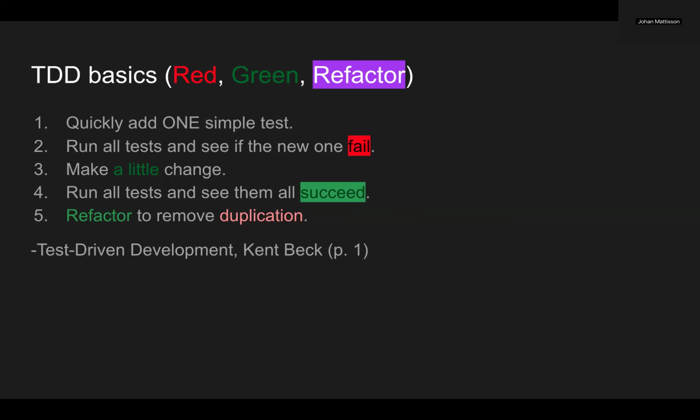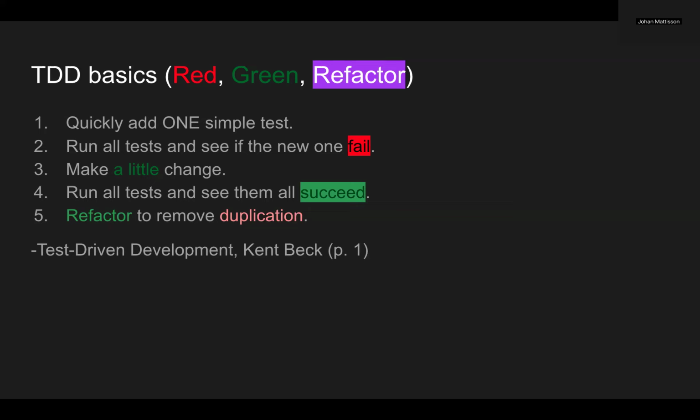We run the test and make sure that it actually fails. Because if we have already written a few tests for a method, and you write a new test and it doesn't fail, then it's an unnecessary test, because we already have that test coverage. So that test can be removed, since it doesn't change anything.